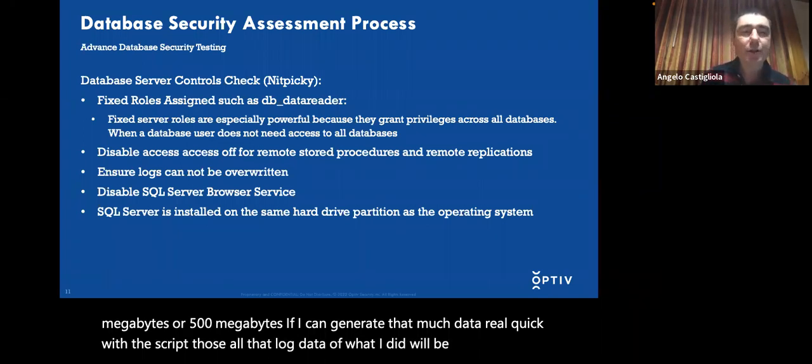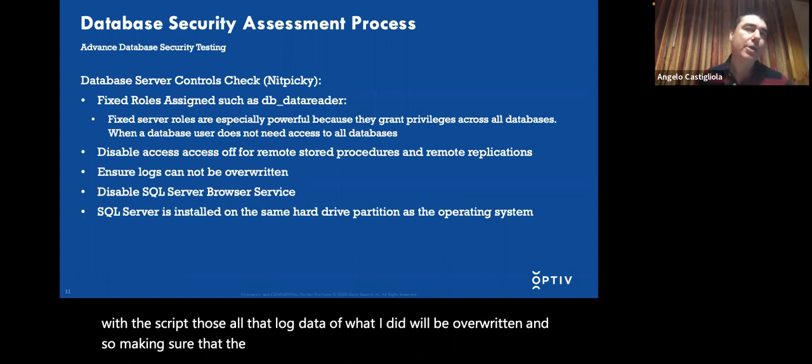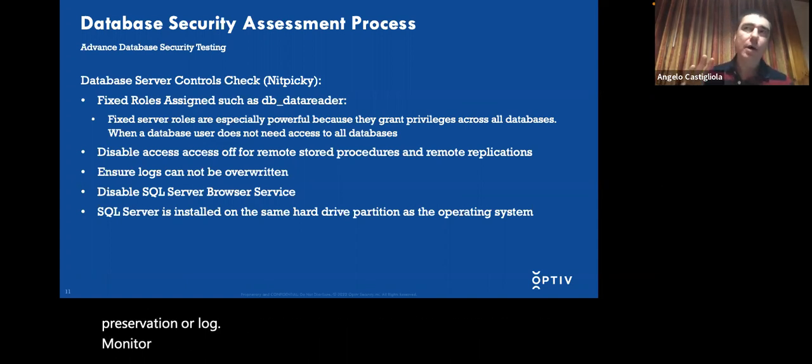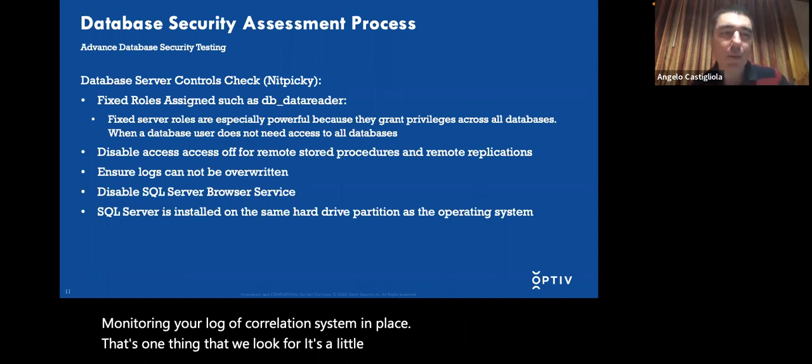So making sure the logs aren't overwritten, or there's some sort of log preservation, log monitoring or log correlation system in place. That's one thing that we look for. It's a little nitpicky, but it's very important.